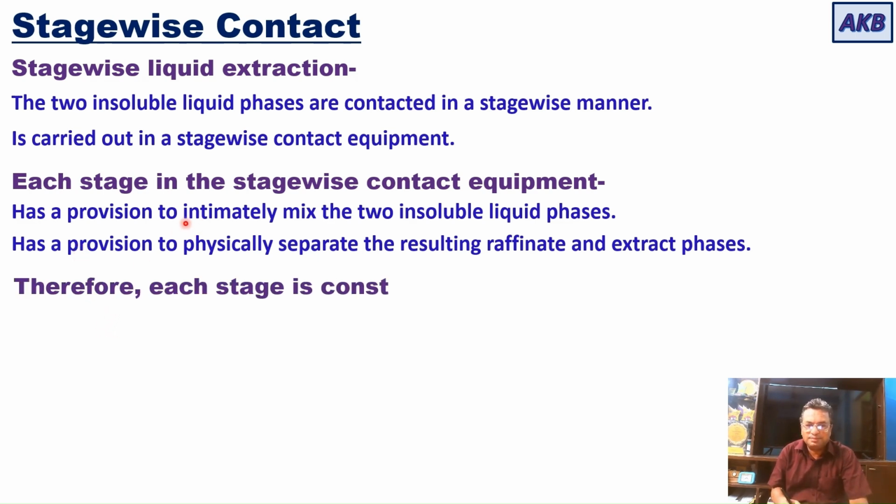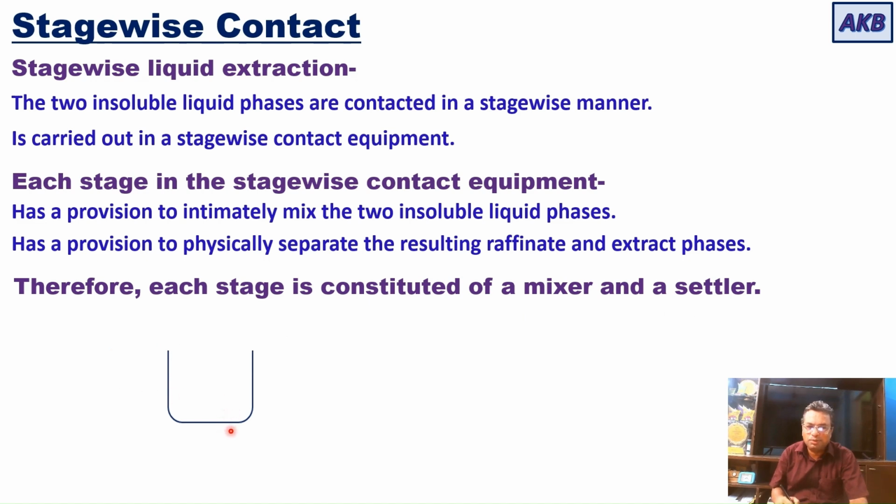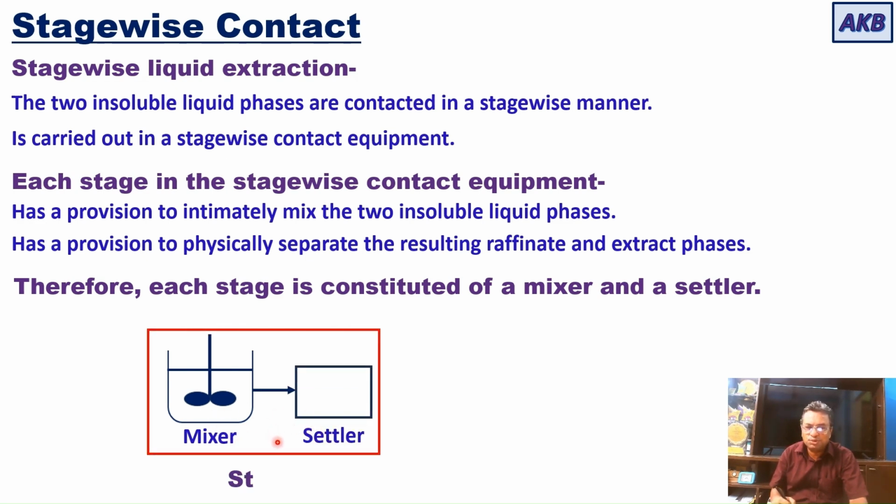Due to this requirement, each stage in the stage-wise contact equipment is formed from a mixer and a settler. Let us understand this with the help of this schematic diagram. You have a mixer followed by a settler, and this combination forms one stage in this equipment.